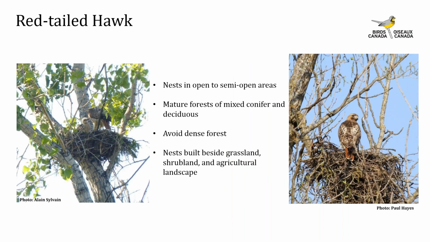Generally, the red-tailed hawk breeds in open to semi-open habitats, which include mature forests of mixed conifer and deciduous trees, near grass and shrublands, as well as agricultural landscapes, and prefers to avoid dense forests. In Ontario, especially southern Ontario, the nests will usually be located in a woodlot, near a woodlot edge next to a crop or pasture field.